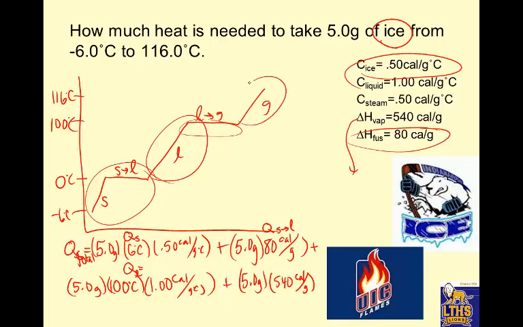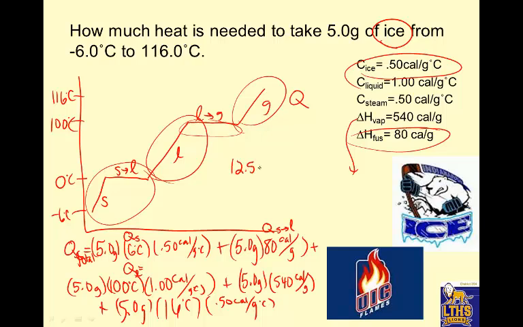But we're not done, because once it's all gas, we need a Q for that. So we take the mass of the gas times the temperature change, 16 degrees, and the specific heat of that steam is 0.50 calories per gram degree Celsius.